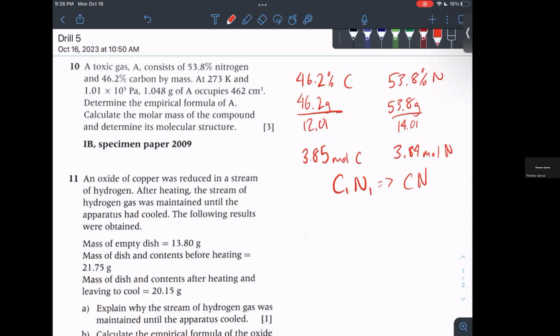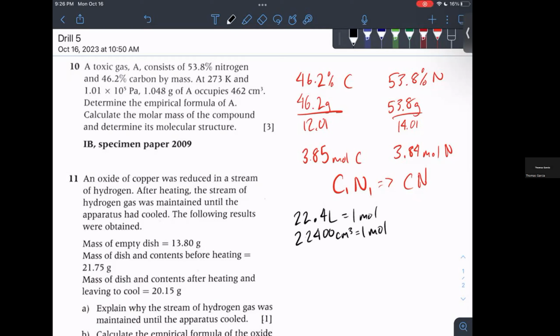If we want to be more precise, assuming an ideal gas where 22.4 liters is equal to 1 mole, and in this case, let's use centimeters cubed, 22,400 centimeters cubed is equal to 1 mole.